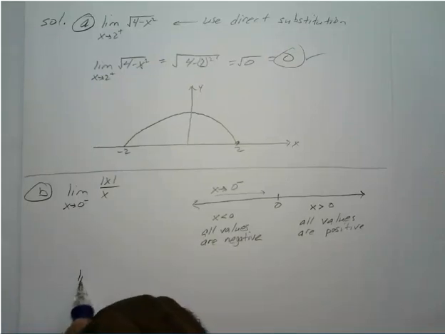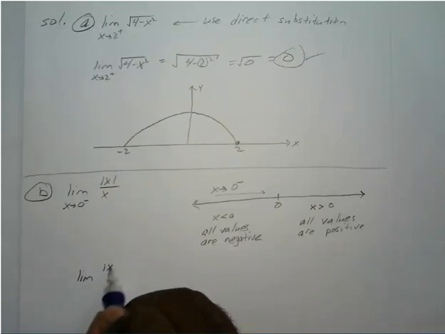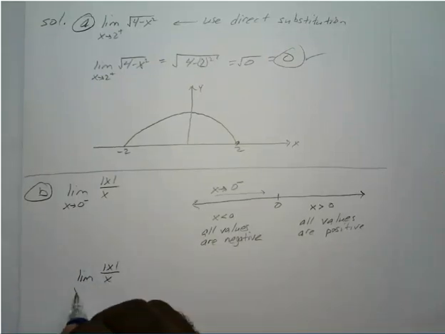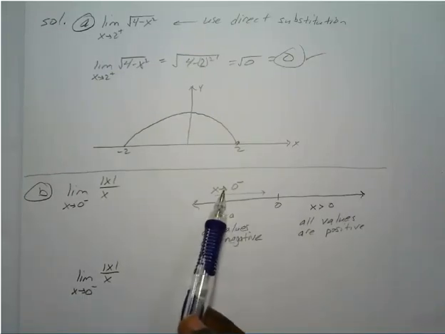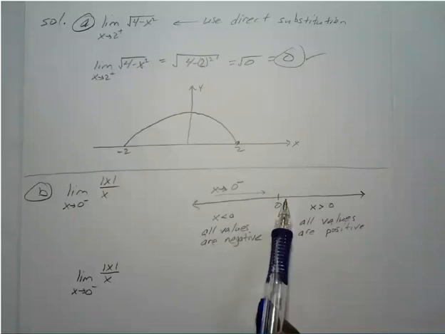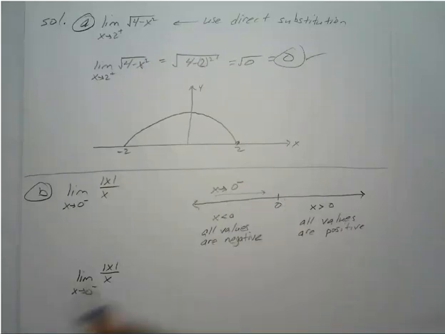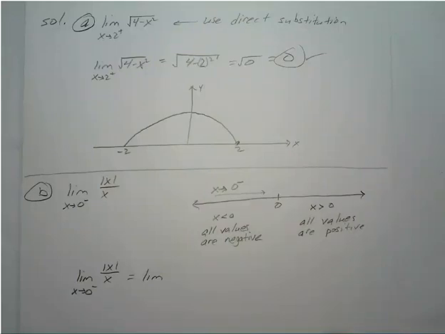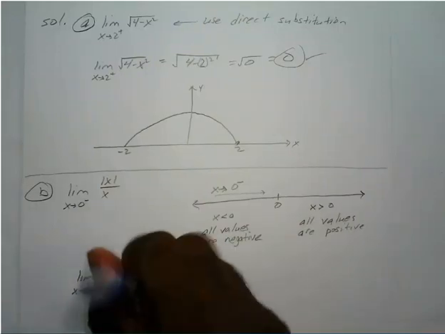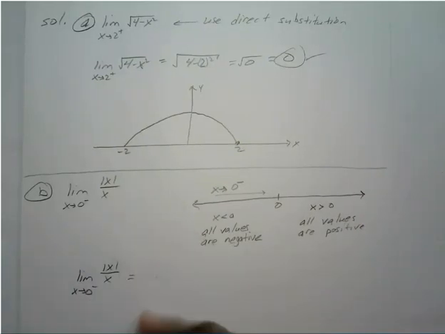Well, we have the limit of the absolute value of x over x as x approaches 0 from the left. Since all the x values are negative when you approach from the left, well, actually it wouldn't be the limit, because all of our values would be negative.